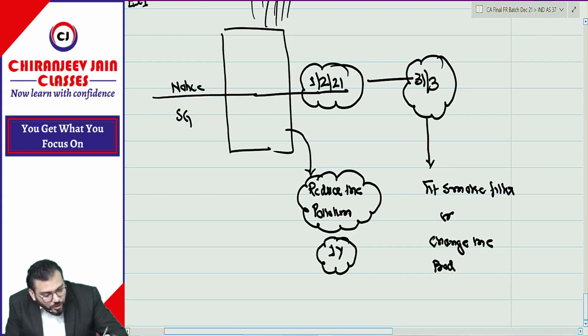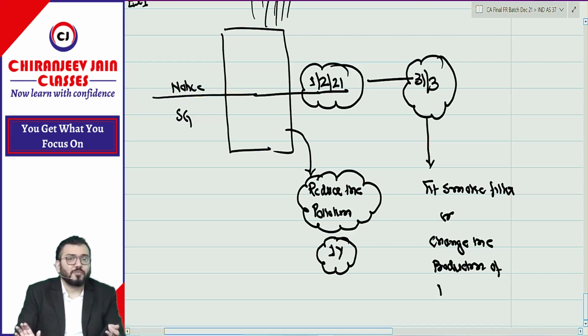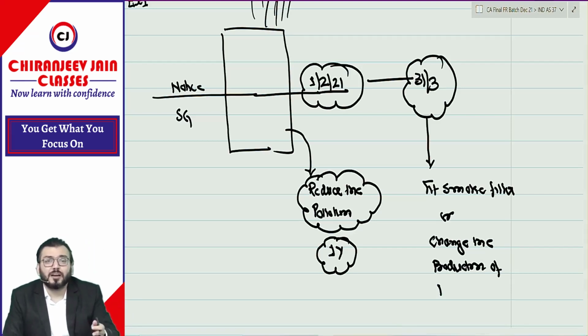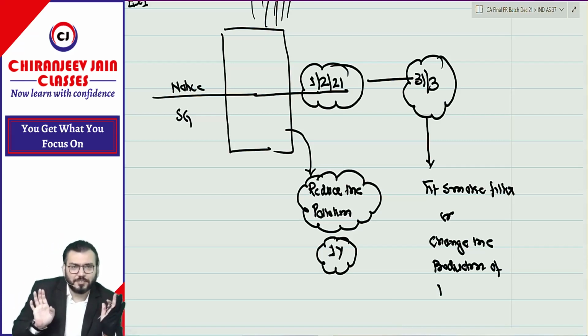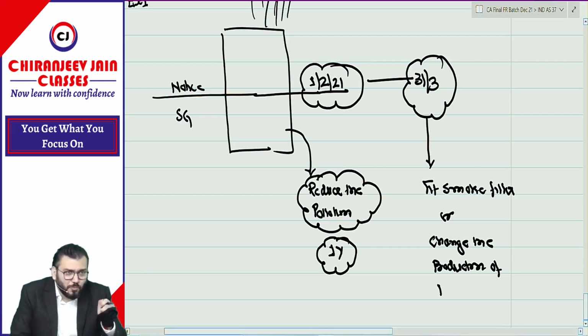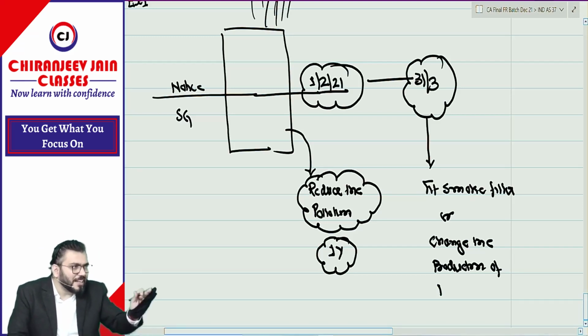Right now I am assuming that they have not decided to liquidate, because once they have decided to liquidate, then it becomes a non-going concern entity. Right now it is a going concern entity only. So either they will fit a smoke filter or they will change the production process. Correct? Are you getting what I am saying?